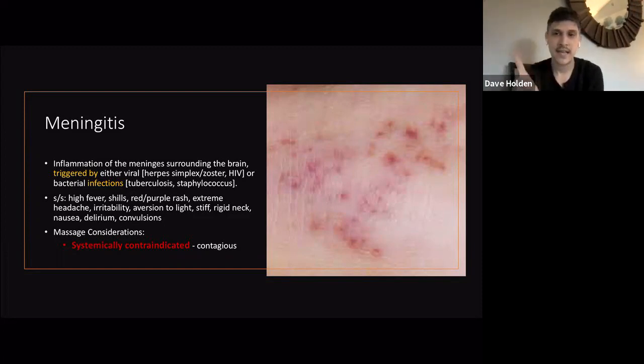But here is the telltale sign, you guys. Here is what it boils down to. Headache, fever, stiff neck. Headache, fever, stiff neck. Remember, it's an infection of the meninges, and the meninges are not just on the brain. They're on the brain and spinal cord too. It's one continuous sac.